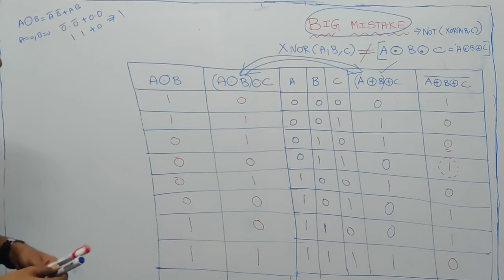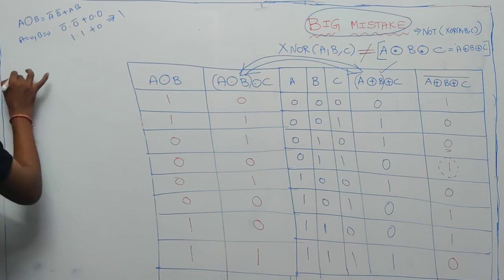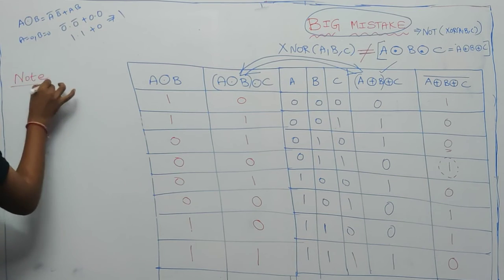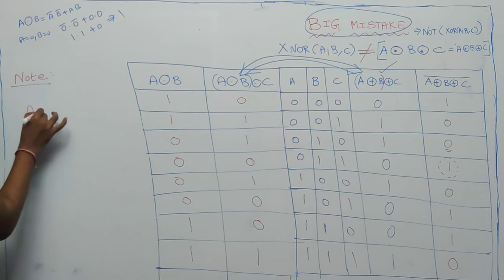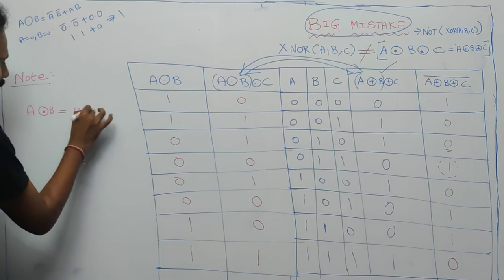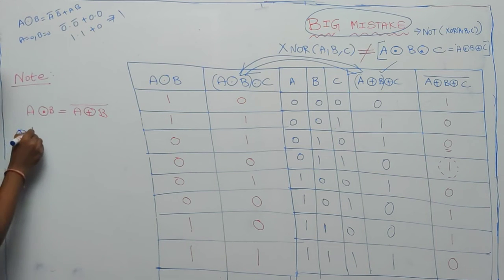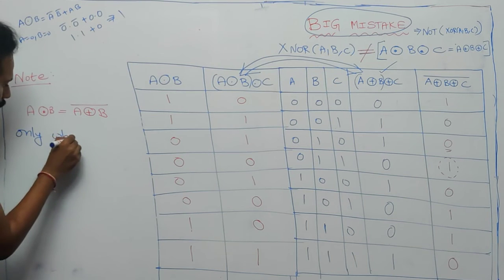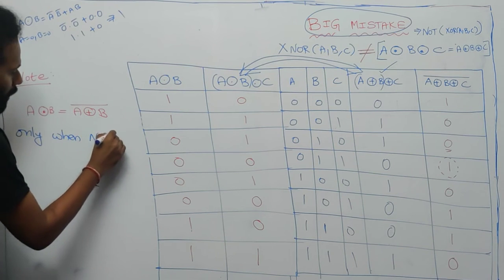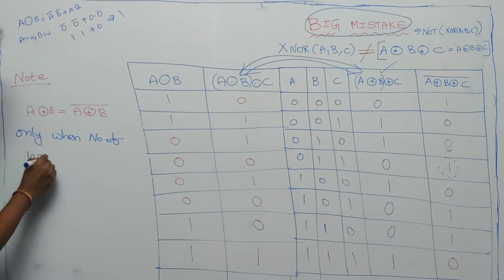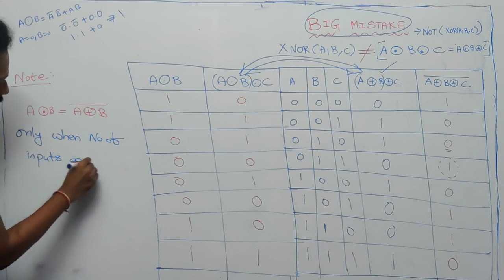Are you getting it? So with this I will tell you a note. Yes, it is true that A XNOR B is equal to A XOR B whole complement. Yes, it is true, only when the number of inputs is even.